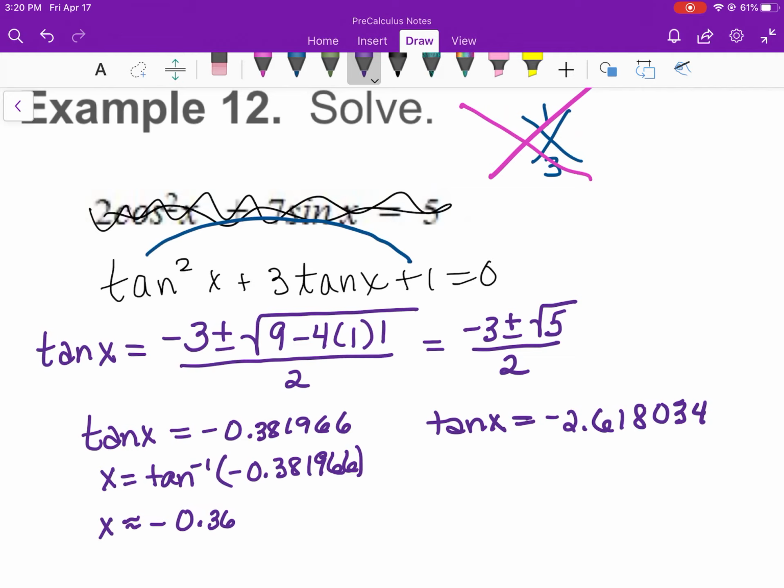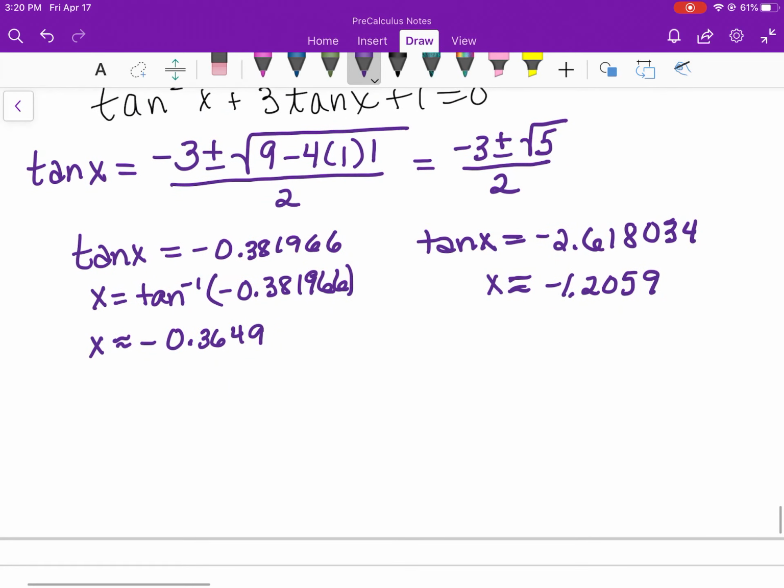And I'm going to be rounding these to 4 decimal places. I'm going to do the same thing over here. I'm going to do the inverse tangent of -2.618034. And again, make sure your calculator is in radians. Now what you have to keep in mind is that we're not going to have negative answers. So if I go back that many radians, I'm back here.